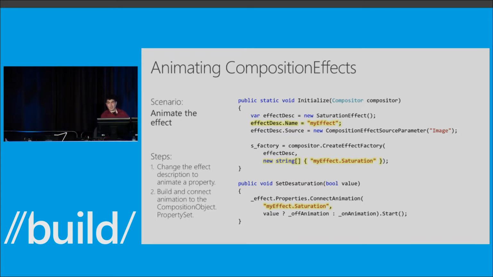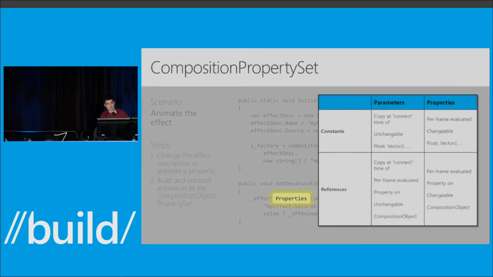At the point that we're going to connect the animation, we connect it to the fully dotted path on the effect. Now, people in the audience may notice, what's this properties object that's hanging off of our effect? Well, the short answer is that when it comes to the composition system and animations, we have properties and we have parameters. Parameters are things that you don't animate.